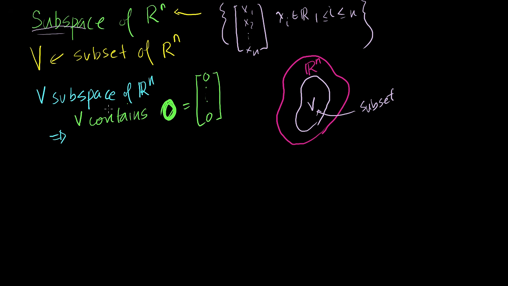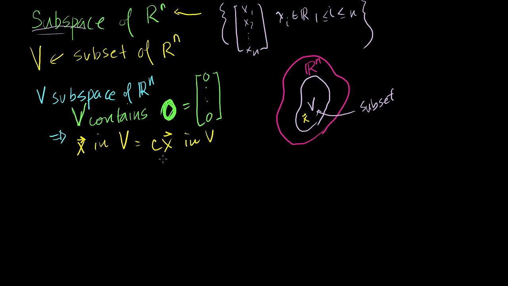Second, if my vector x is in V, if x is one of these vectors included in my V, then when I multiply x times any member of the reals, if V is a subspace of Rn, then x times any scalar is also in V. This has to be the case.